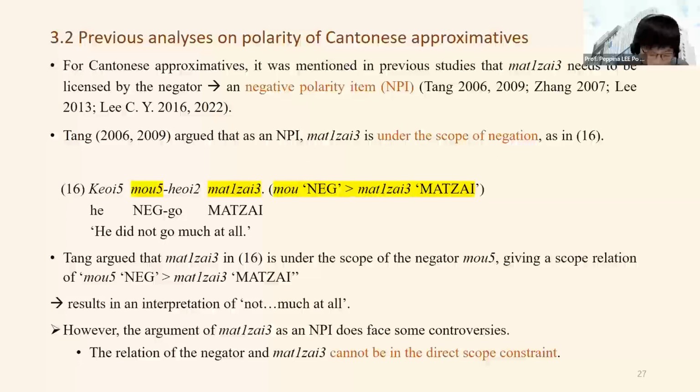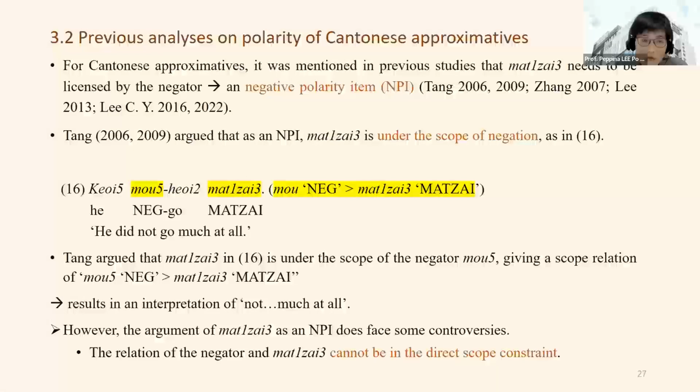However, in what way is this related to Mazai or Gamzai? If you recall, we mentioned that Mazai can only appear in a negative context. If it relies on the negator to occur, can we say that it is a negative polarity item? This is an important point because, for all the components we mentioned so far, the polar component always reverses the ordering of what you have originally.